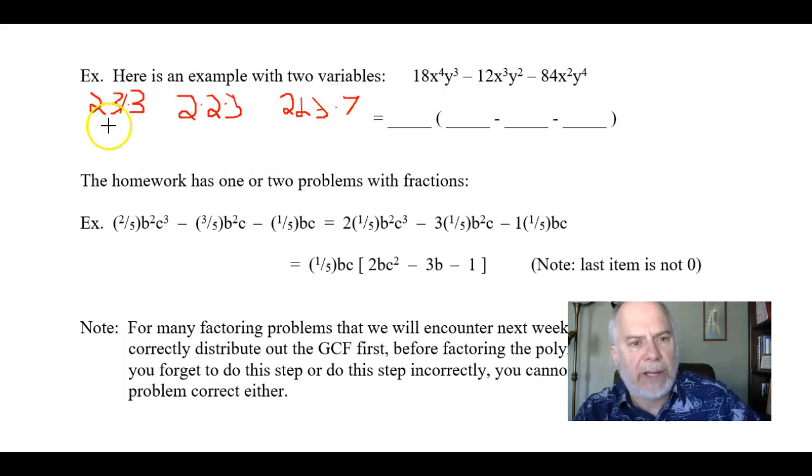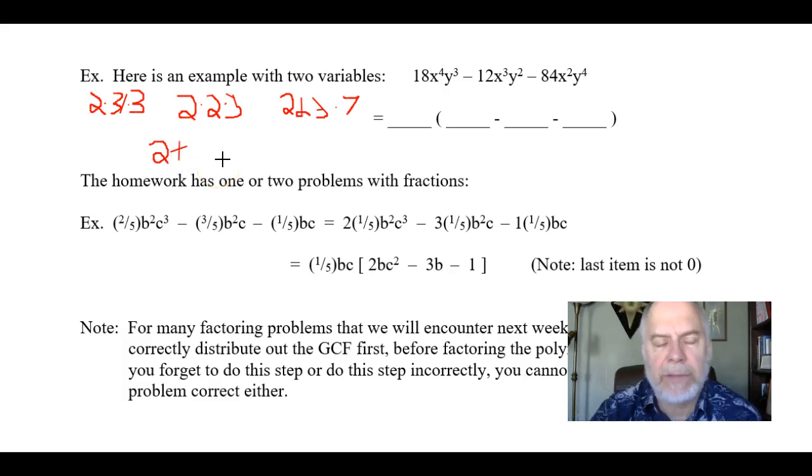So your greatest common factor, well, I don't have 2 2's here. So I can only use the GCF of 2 times 3. That would be my greatest common factor. So 2 times 3, which would give us 6.